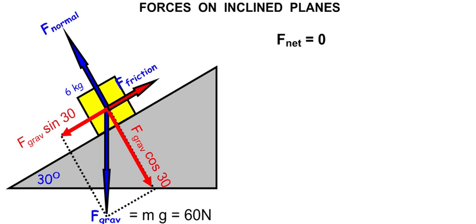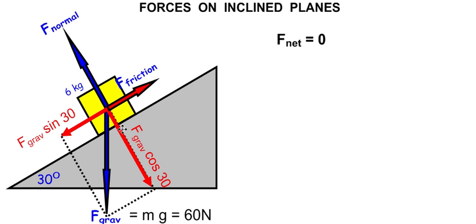Applying trigonometry, we can see that the resolved component downslope is given by F gravitational sine 30, the magnitude of this vector times sine 30. In this case, it will be 60 newtons times sine of 30.